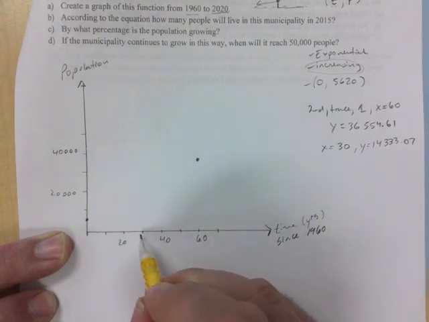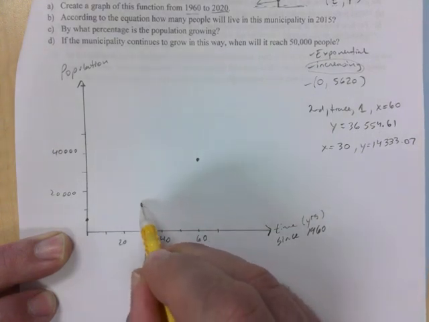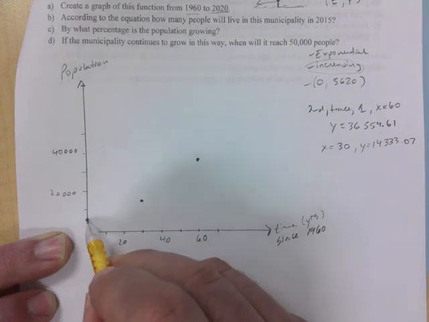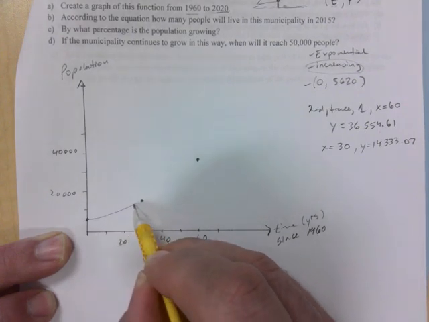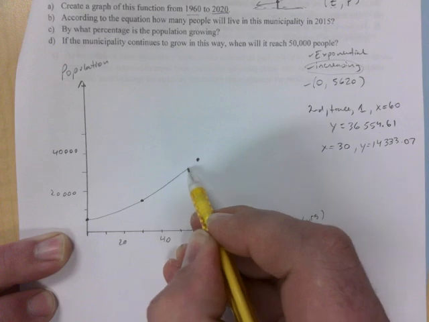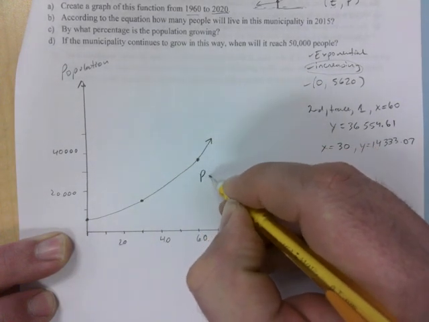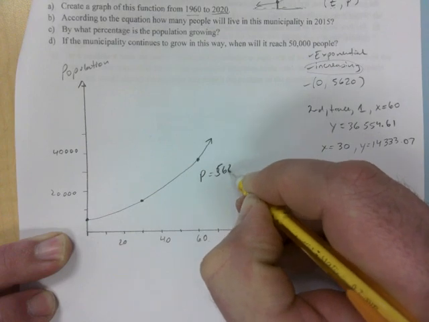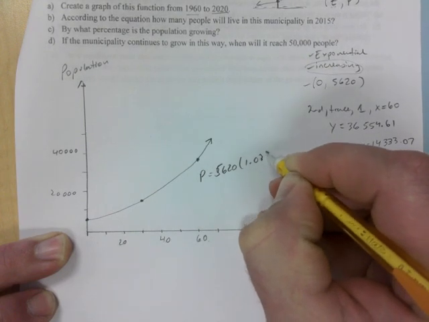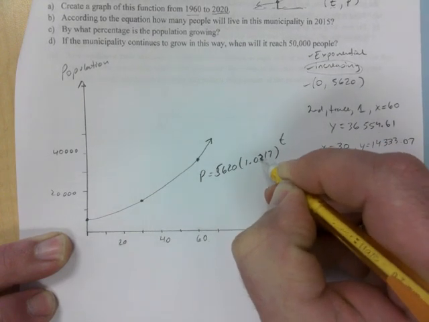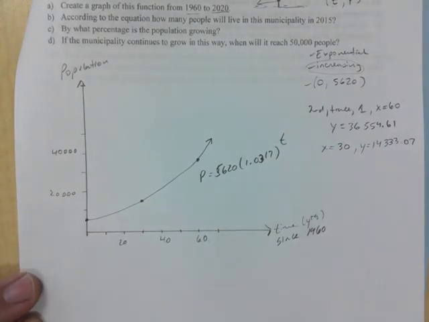So that's going to be my reference. 14,000 is right about there. So I have enough now to show that. So P is equal to 5621.0317 T.